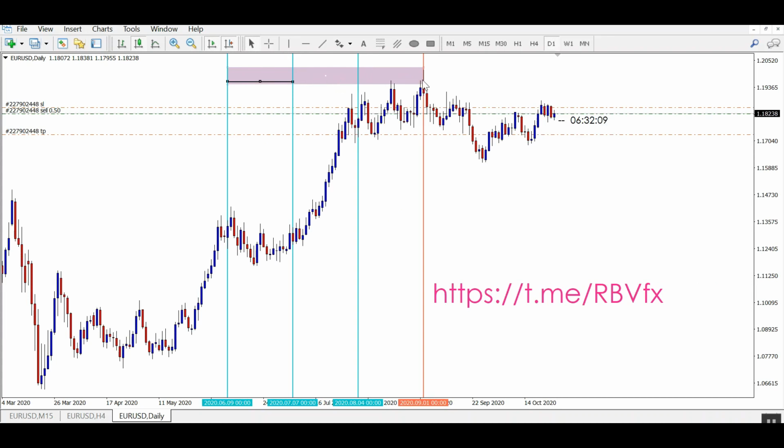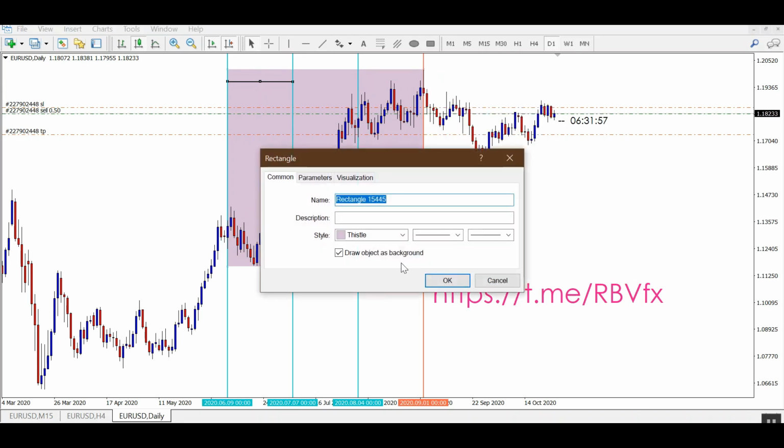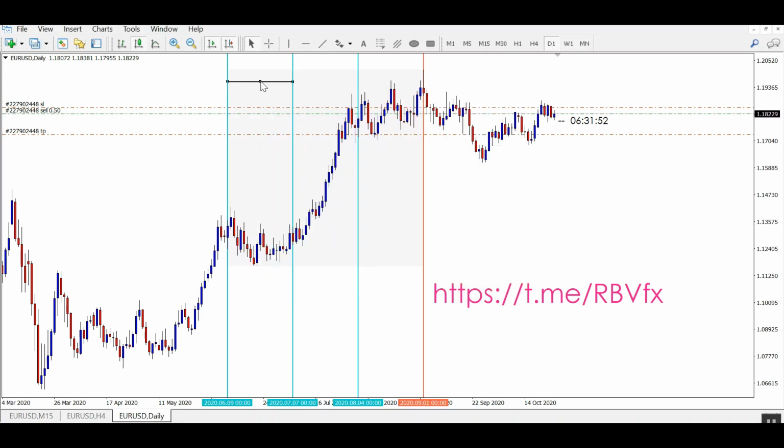Basically, the entire area from the lowest point of the last 60 days till the highest point, let's make this a different color. I'm going to use that to try and predict what's going to happen within the next 60 days after the reversal.